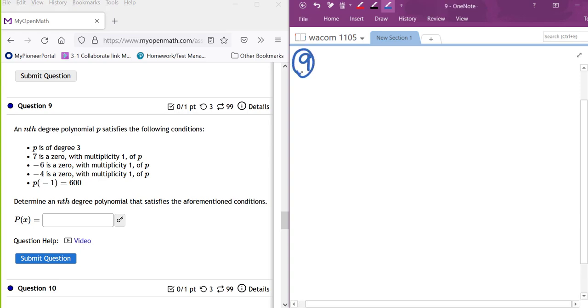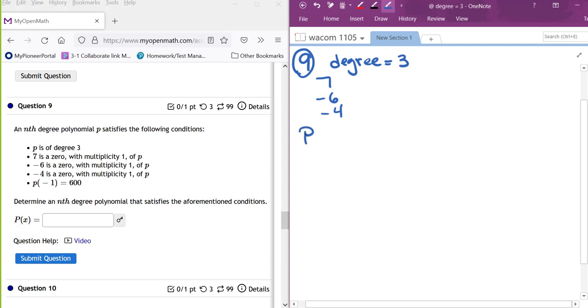All right, our degree is 3. 7 is a 0, multiplicity 1, -6 is a 0, -4 is a 0. And that's all the zeros we're going to have.